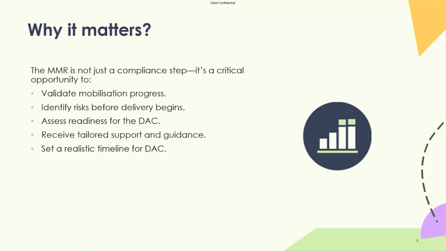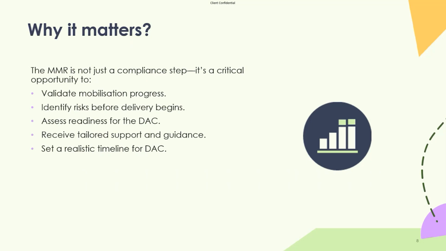More importantly for us, it also gives an opportunity to share feedback with tailored guidance and support. So we will specifically be able to identify areas where a grant recipient, in our opinion, might need extra support to get their documents ready for a DAC and to put together a plan for progress.